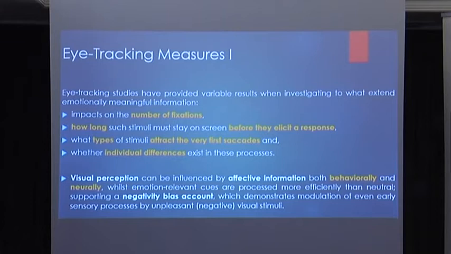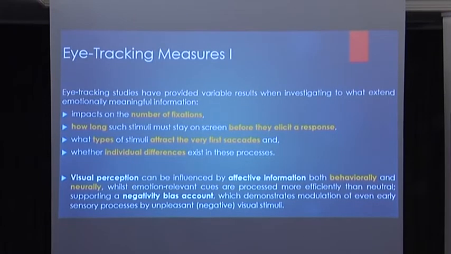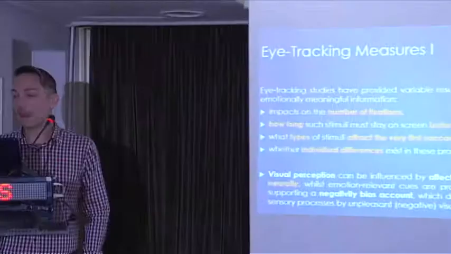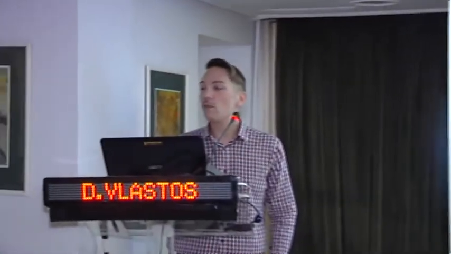Visual perception can be influenced by affective information, both behaviorally and neurally, while emotion-relevant cues are processed more efficiently than neutral, supporting a negativity bias account in general, which demonstrates modulation of even early sensory processes by unpleasant negative visual stimuli.